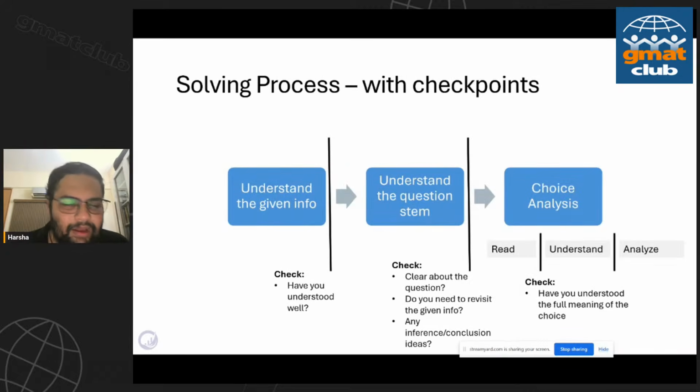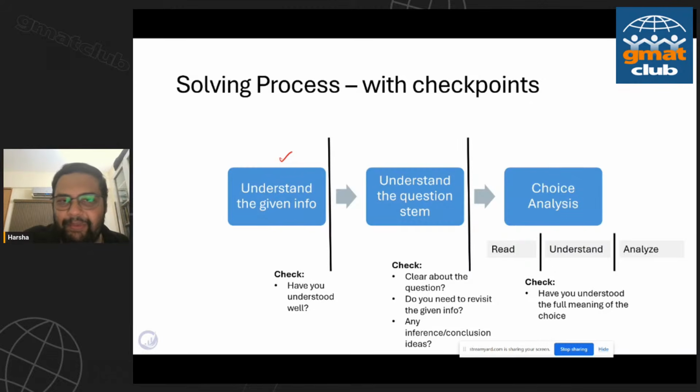So, a very quick note on the process of solving. In inference, it's very, very simple. Don't overcomplicate it. End of the day, there's some information given to you. I am not a fan of reading the question stem first, because it's not always something like, what is an assumption or what is an inference. Sometimes there is some text which is related to the given information, and reading that without the context doesn't work.